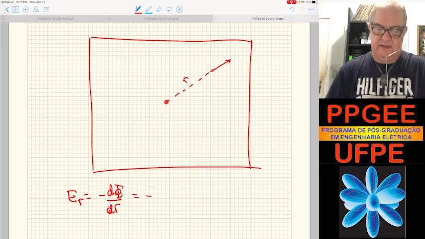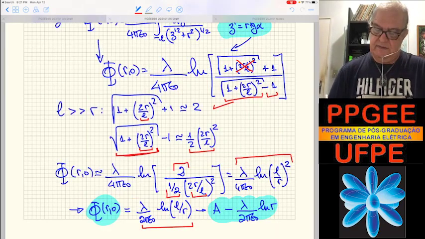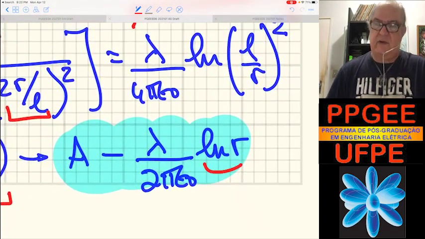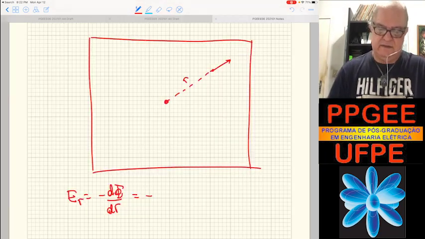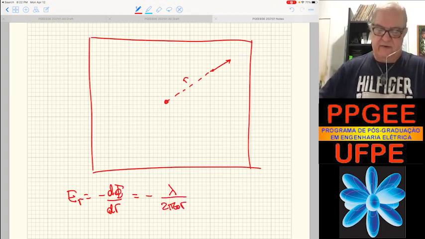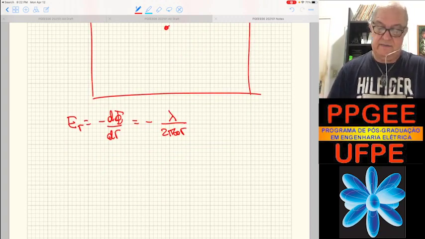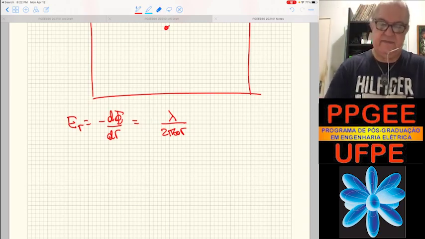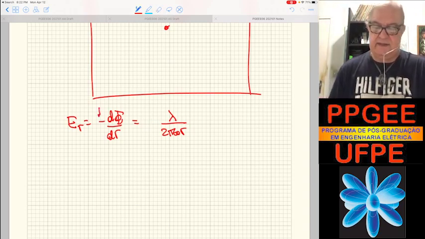Which is minus, if you look at the expression, the derivative of the log function is 1 over R, and there is a minus there. So that's the behavior we get. Sorry, plus, right? Because the minus sign with this minus sign here gives a plus.